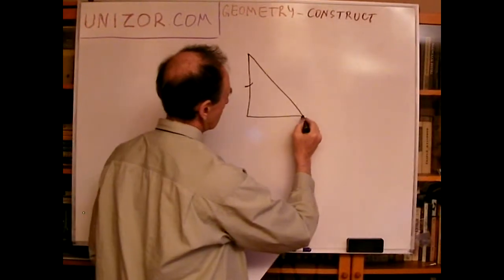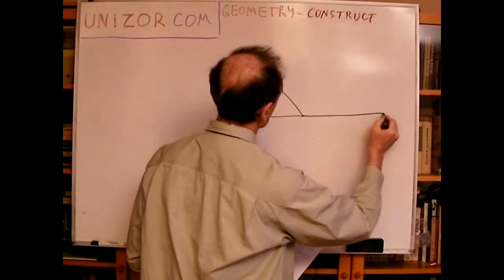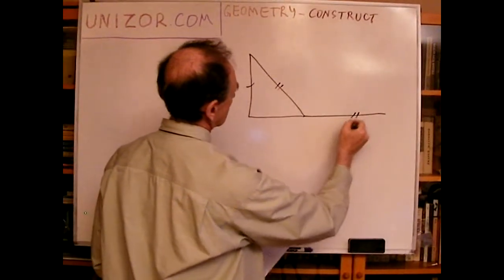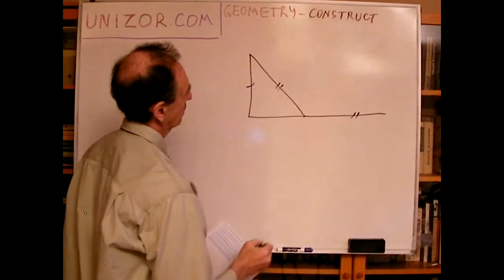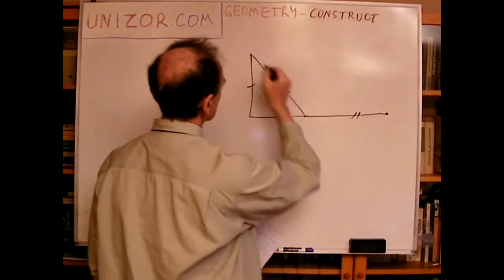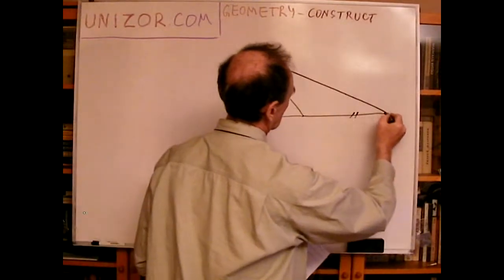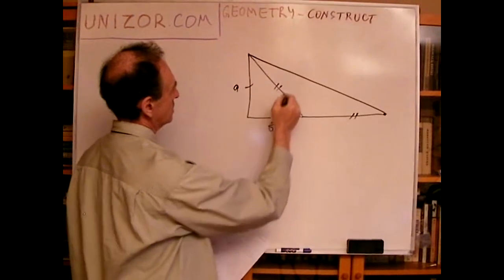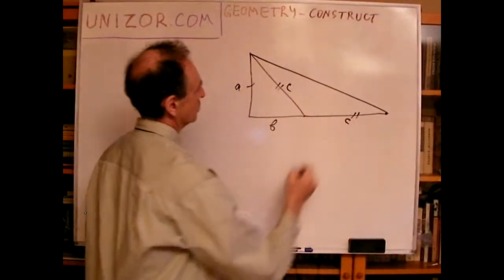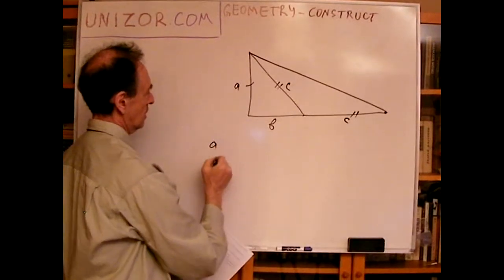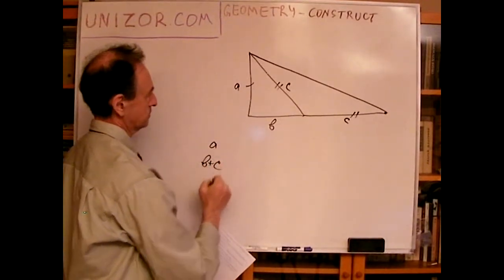Well, which means if I continue this line and make this equal to this, then the whole segment is obtained. So this is A, B, C, and this is also C. So what's given is A and B plus C.